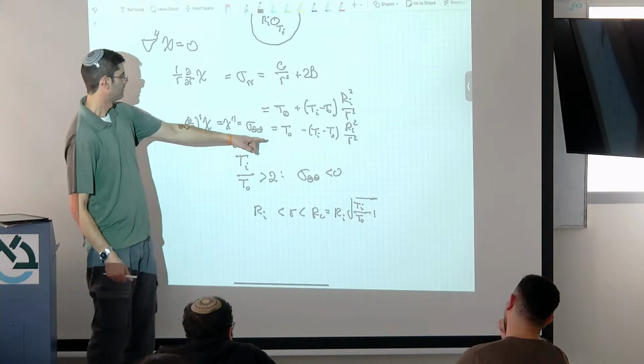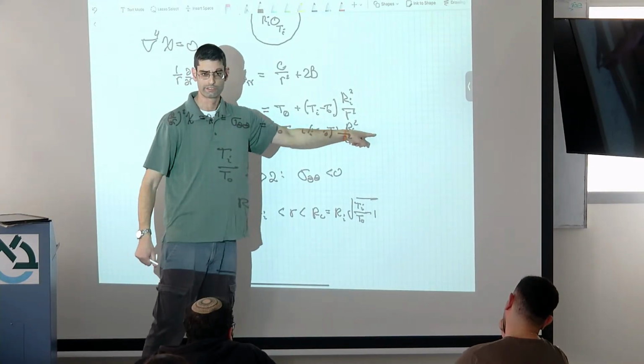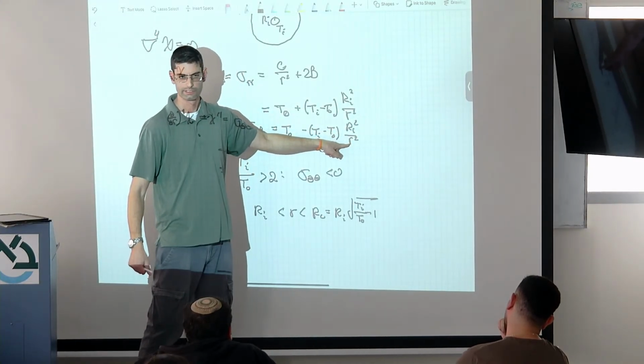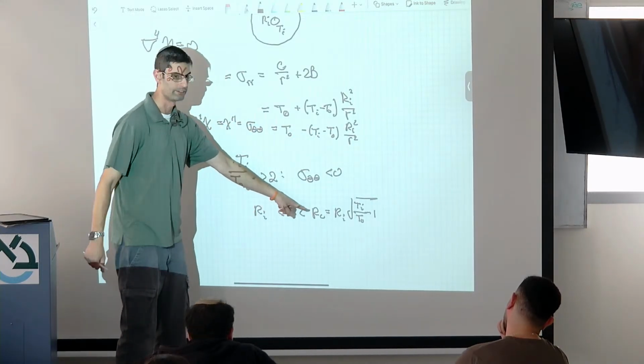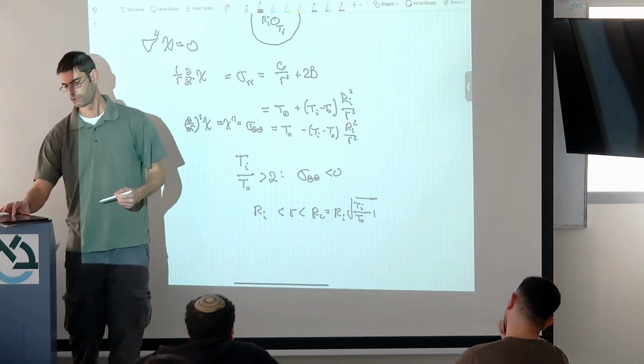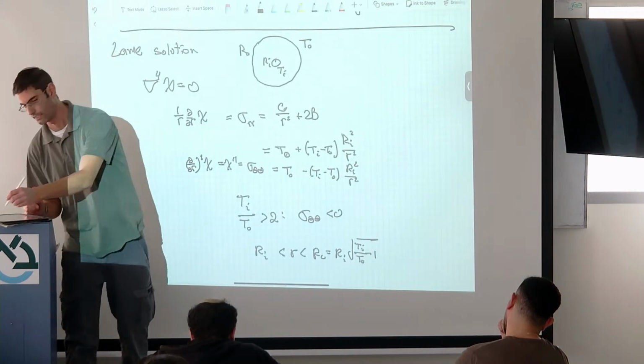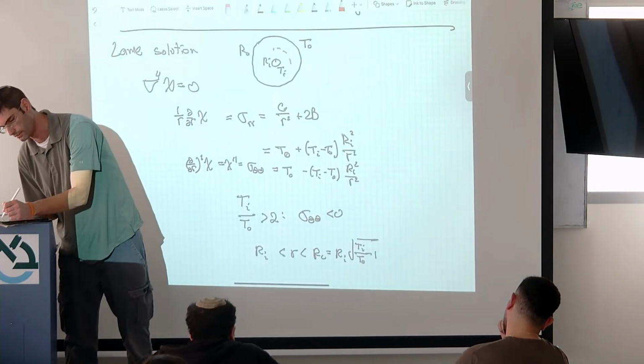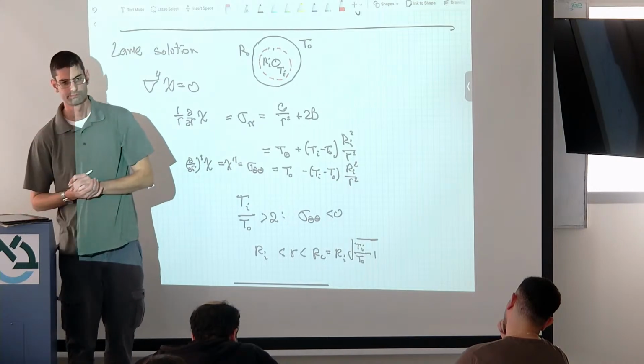Just take this guy, put it equal to 0, and see in which radius it's less than 0. You get an annulus. So if I go back to my picture, what I found is that I have an unstable annulus to the flat solution.